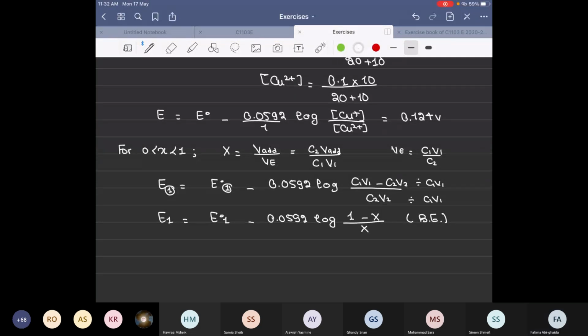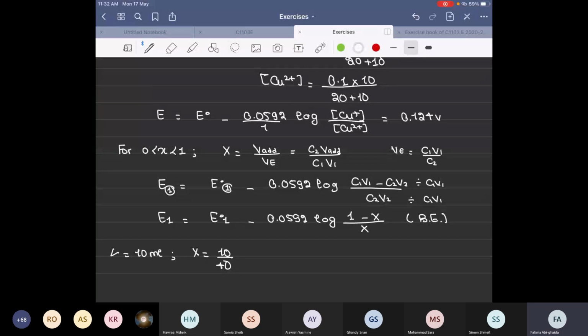طيب إذا ال V بتساوي 10 milliliters يعني ال X هي 10 divided by قد إيه كان ال volume at equivalence 40, okay so that's 10 over 40.